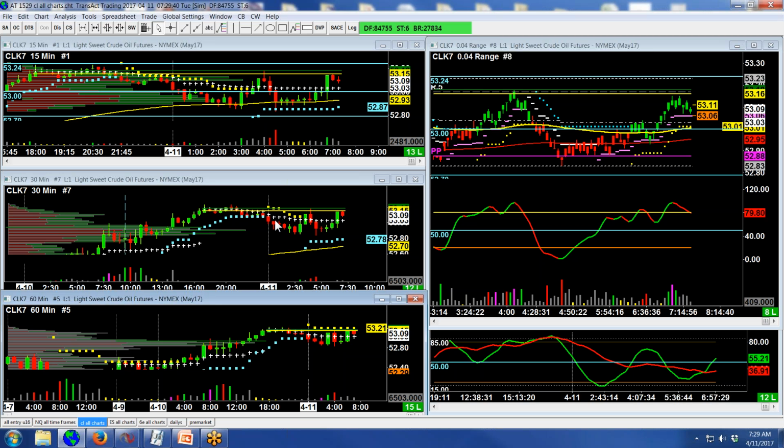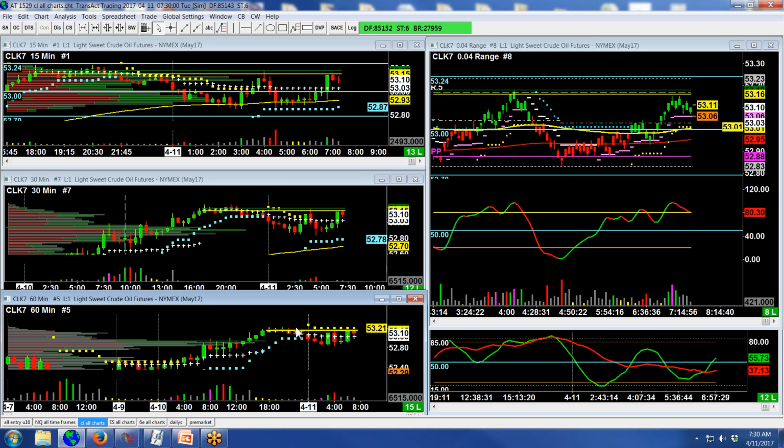What you will find is that if the super trend stop is on the same side of price on all these charts, it would have an easier time moving in that direction. So for example, let's say that the super trend stop on the 60-minute was also below price.